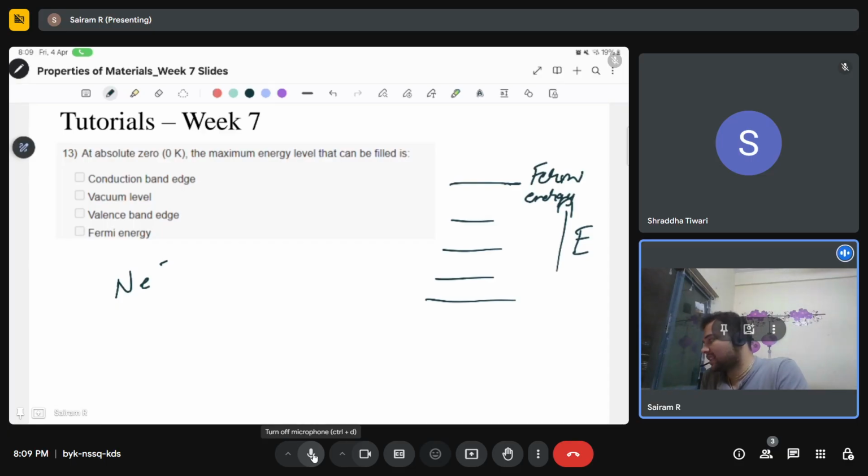At T equals absolute 0, every state below the Fermi energy level is completely filled, and every state above it is not filled at all. So, Fermi energy level is the answer.